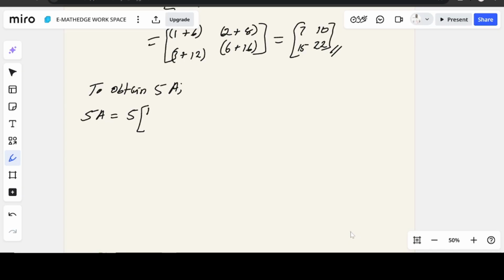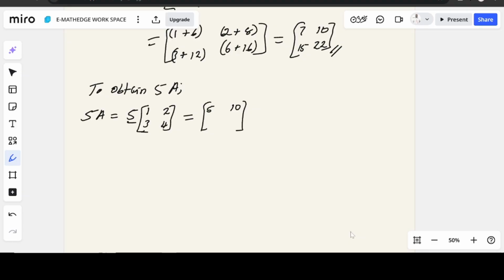We have 1, 2, 3, and 4. This scalar value, which is 5, is going to multiply each of these elements. So 5 multiplied by 1 is going to give us 5, and 5 multiplied by 2 is going to give us 10.